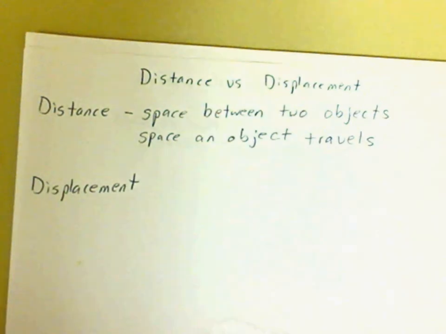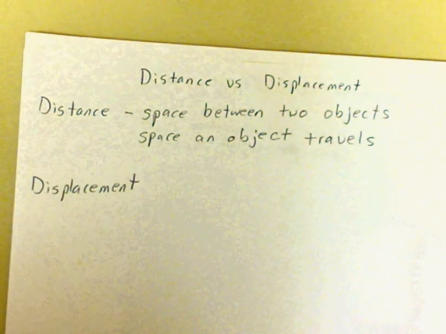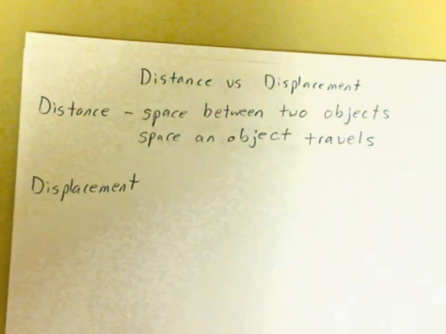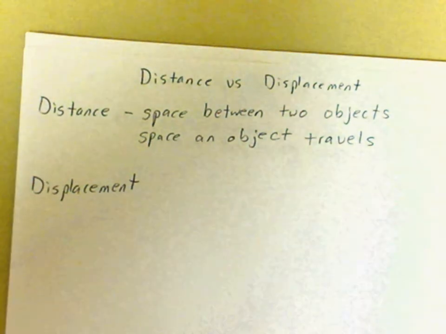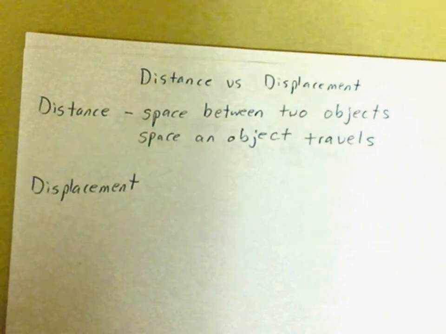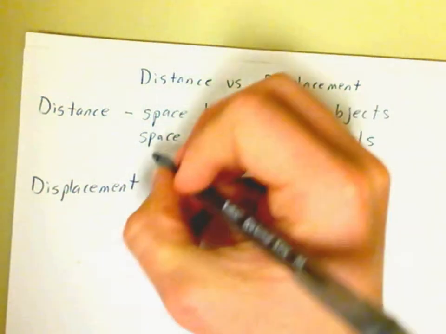Okay, so that's distance. How far do you travel to get to a place? How far do you travel to get to school from your house? That is your distance, the path which you take.